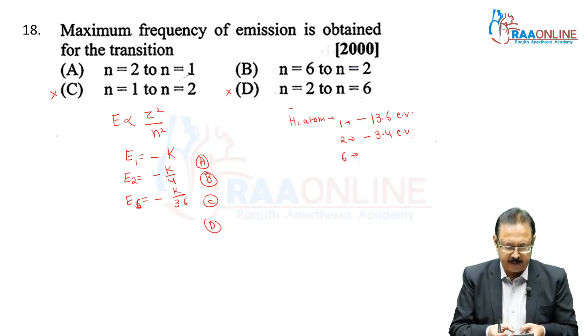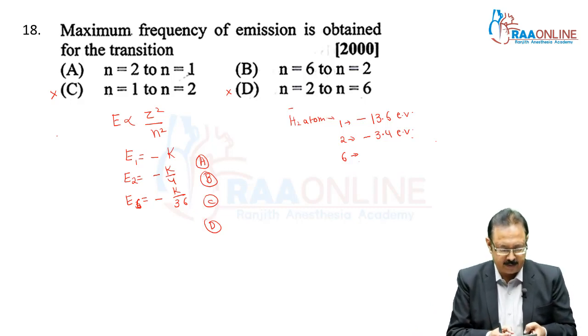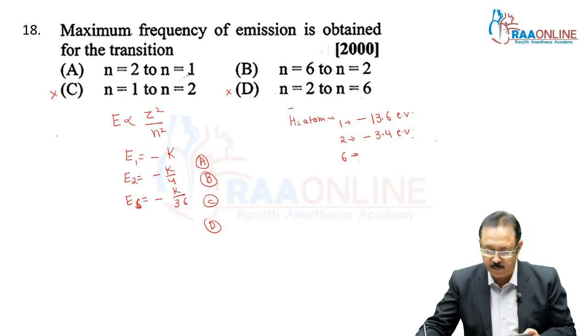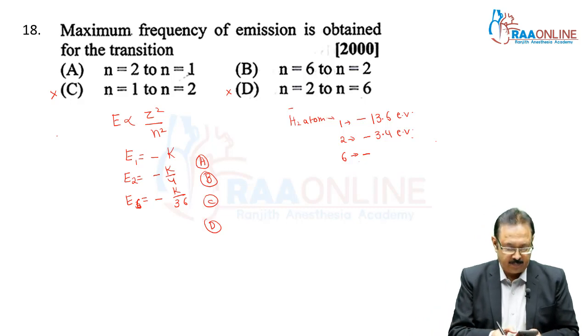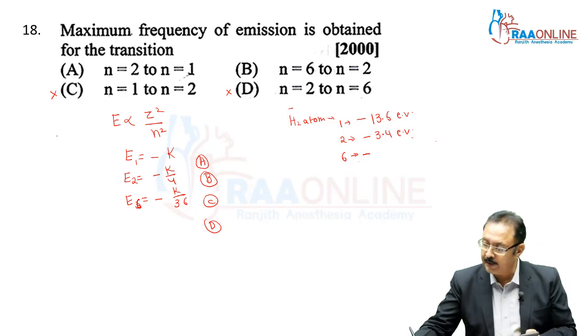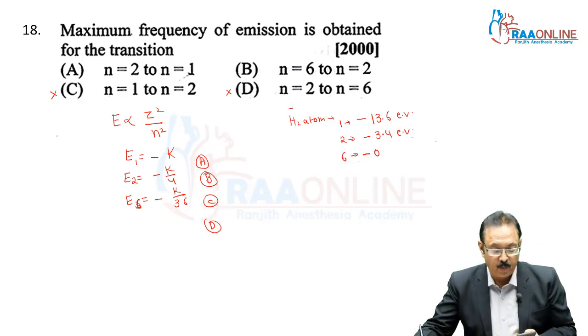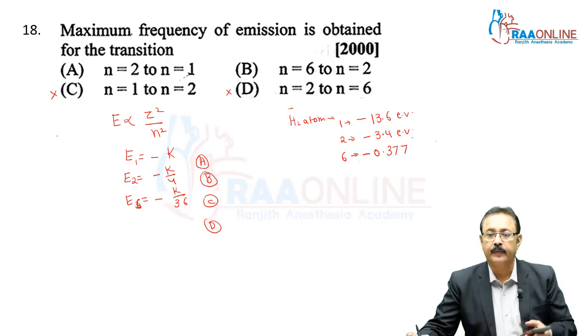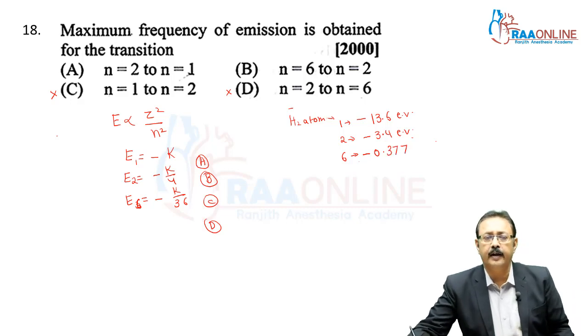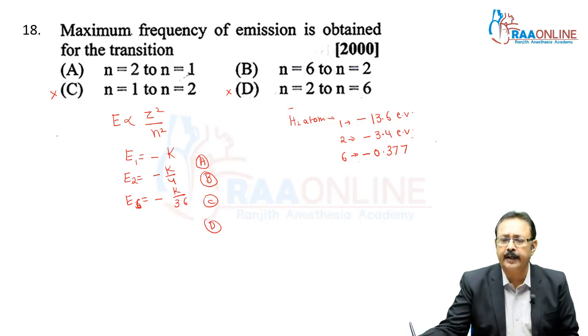So the energy in 6th orbit is minus 13.6 divided by 36, means minus 0.377.